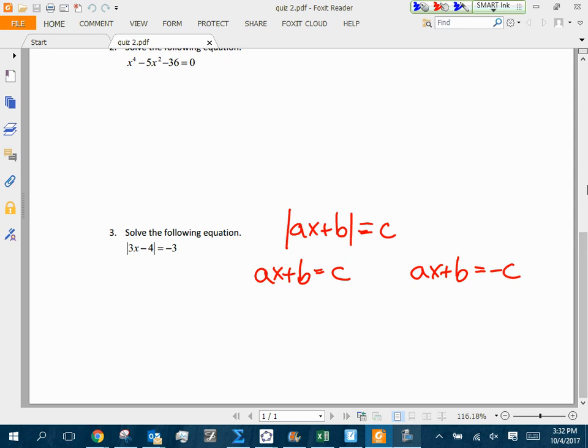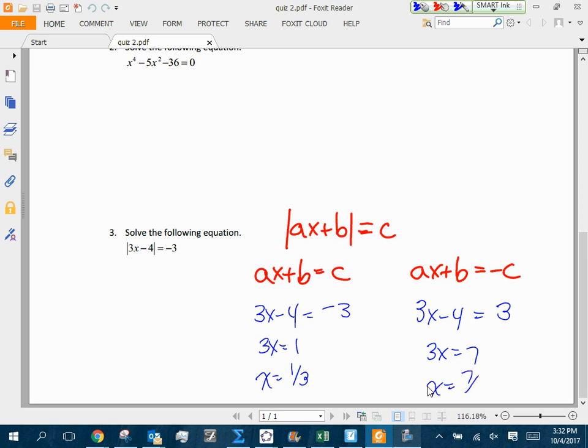I understand that, you're right. So they did 3x minus 4 equals negative 3, and they said, well, 3x minus 4 is equal to the opposite of negative 3, so positive 3. And then they solved these. So they got 3x is equal to 1, so x is equal to 1/3. And over here, they got 3x is equal to 7, so x is equal to 7/3.